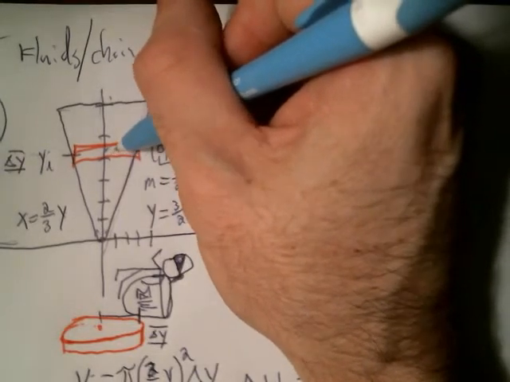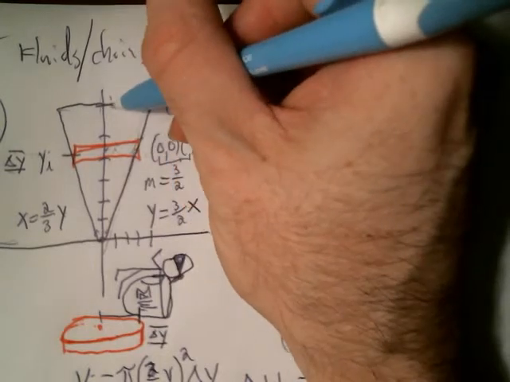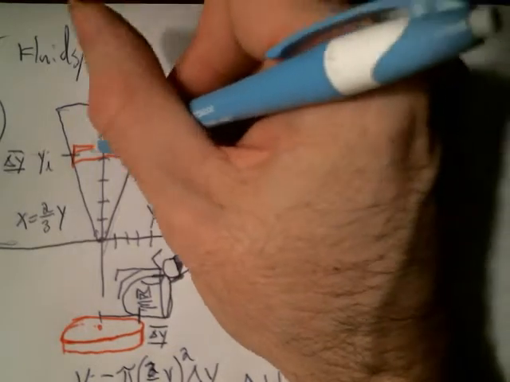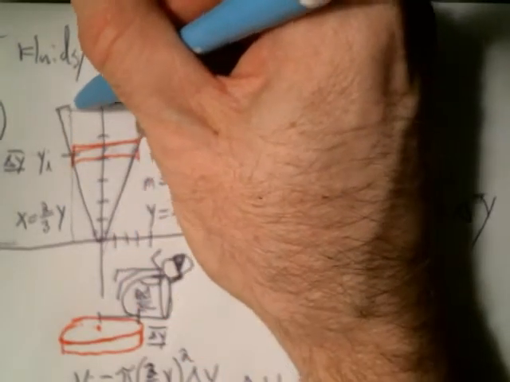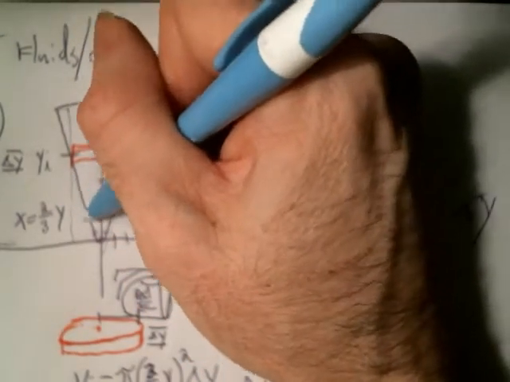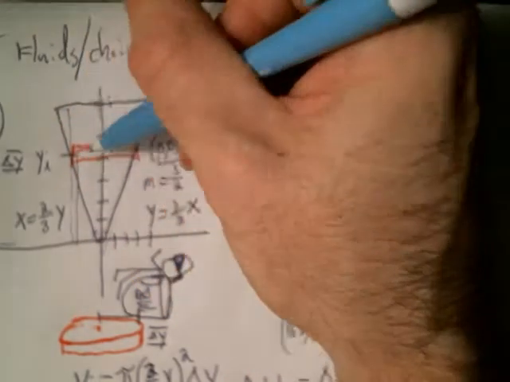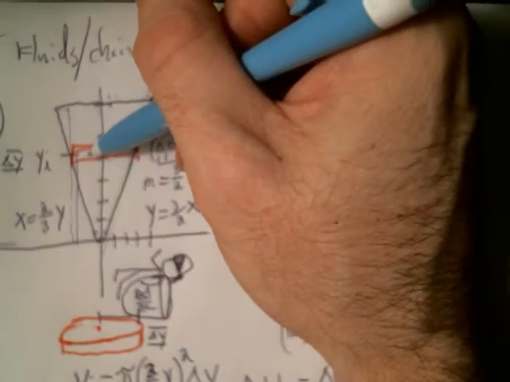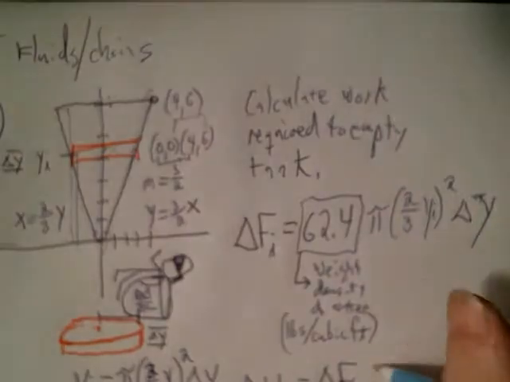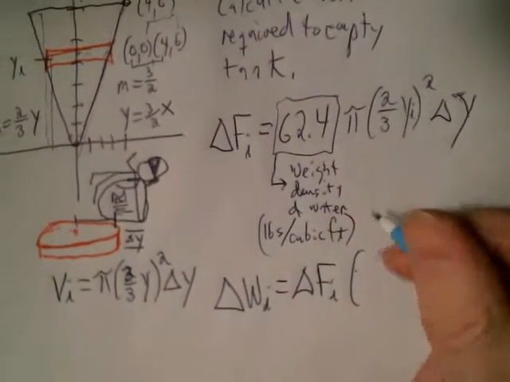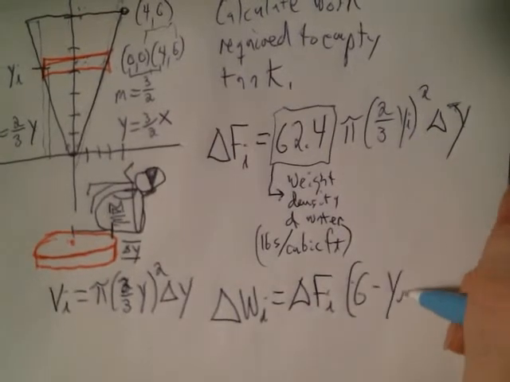I need to push this object from here to here in order to push it out of the cone. So what is that distance? Well, that distance is just the distance to the top of the cone minus the distance to that particular y sub i location. So what is that? Well, that's 6 minus y. So it would be the force increment times 6 minus y sub i.